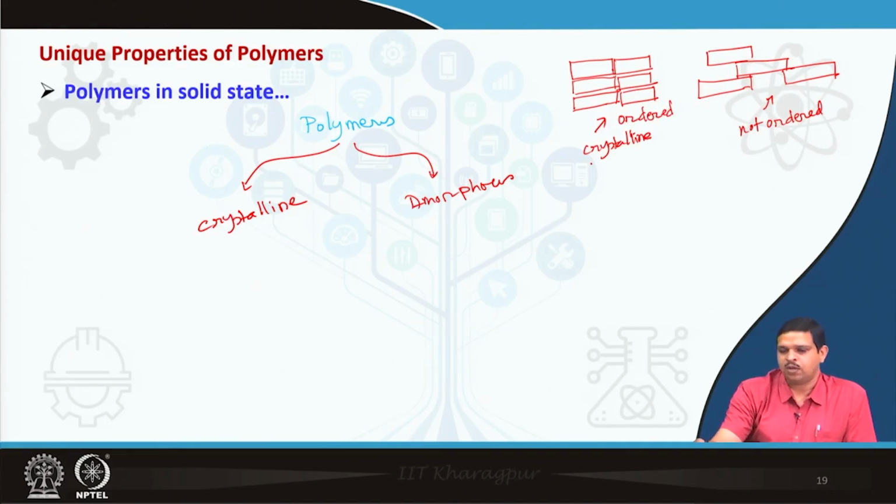Now, what happens? Some of the polymers, one example is the high density polyethylene, in some domains this kind of scenario may exist. Why? I will just show you like this one.